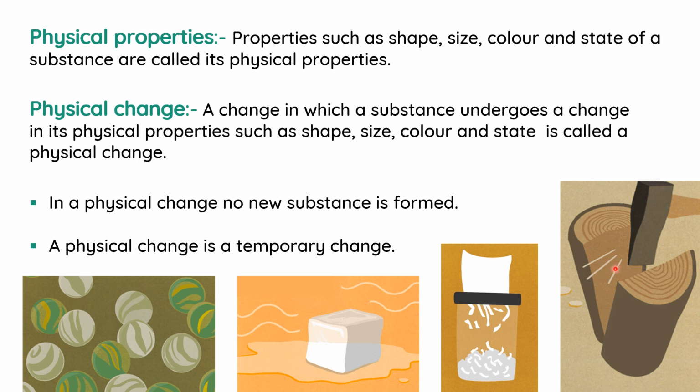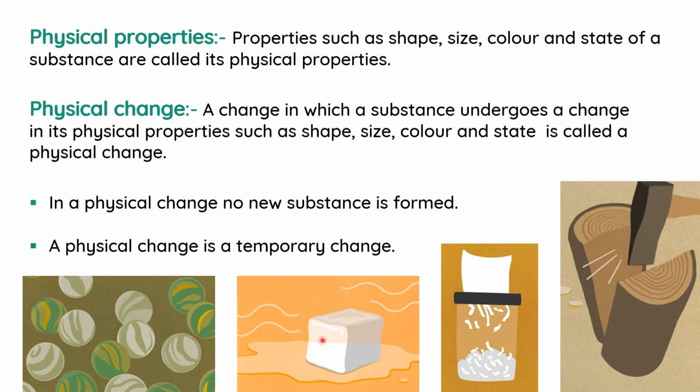So any change in the physical properties is called a physical change. And what are physical properties? Shape, size, color and state. So any change of these physical properties, we can call a physical change. And in a physical change, no new substance is formed.